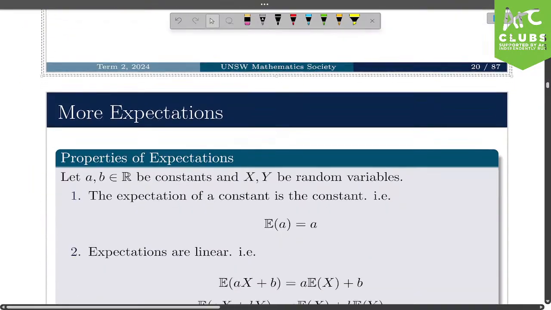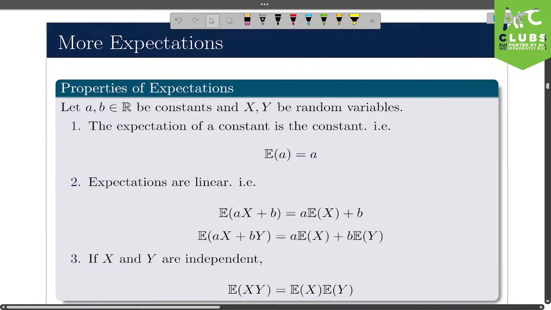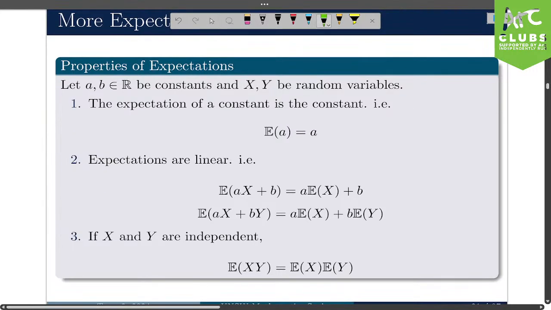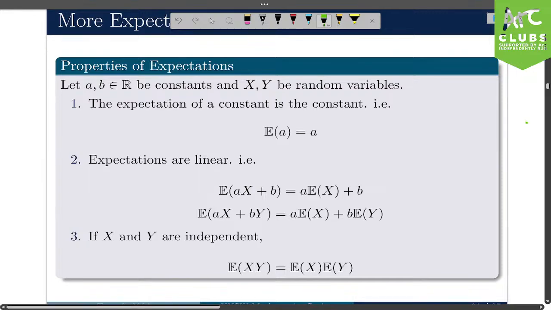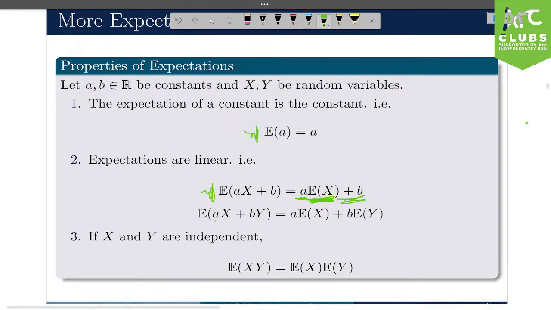All right, more on expectation values. We've defined this new function or relationship, and we should be able to manipulate it. The expectation value of a constant a is just the constant a. The expectation value of aX plus b is equal to a times the expectation value of the random variable, plus b.